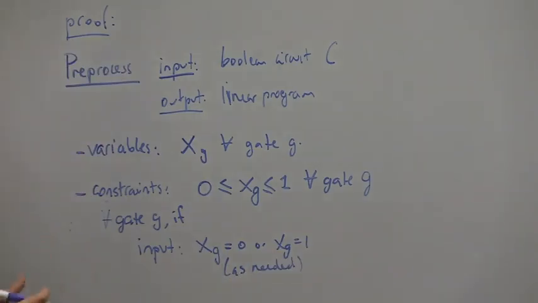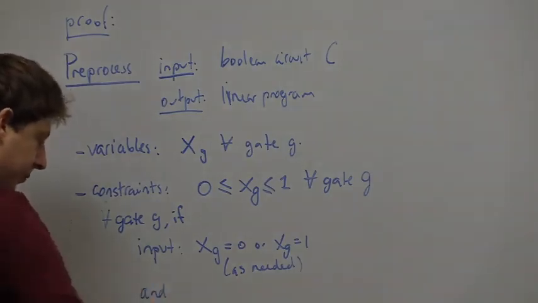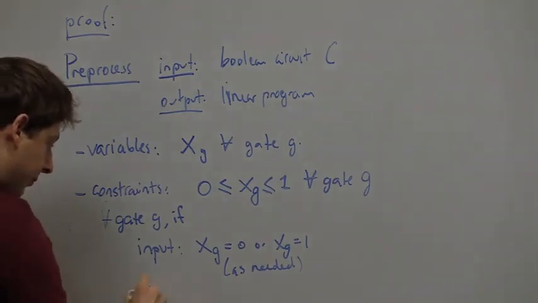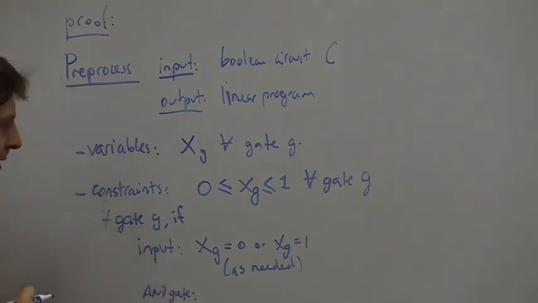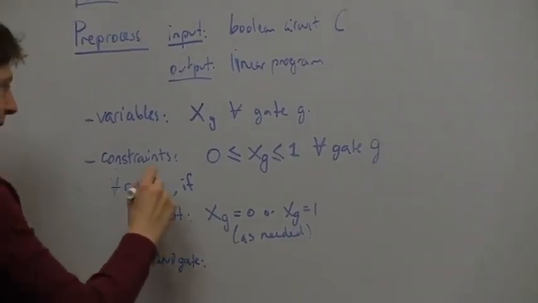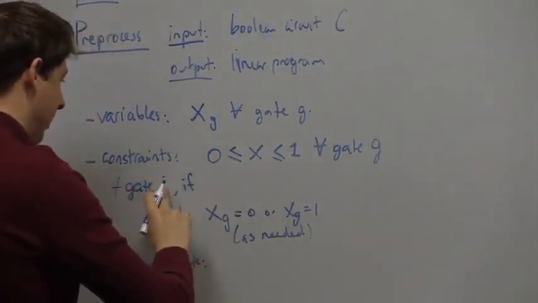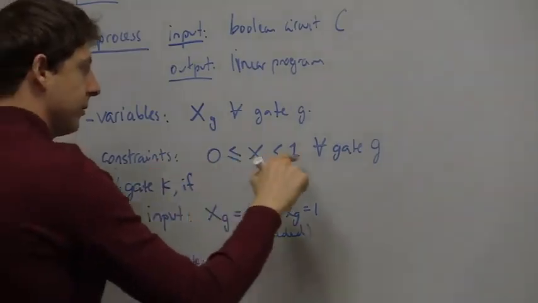Either of these is a linear constraint. For the AND gate, it's not super clear, right? Because we have this AND computation, which doesn't look like a linear constraint. Actually, here I want to call the gate K.